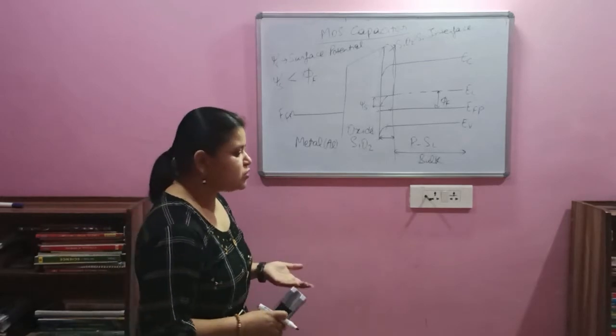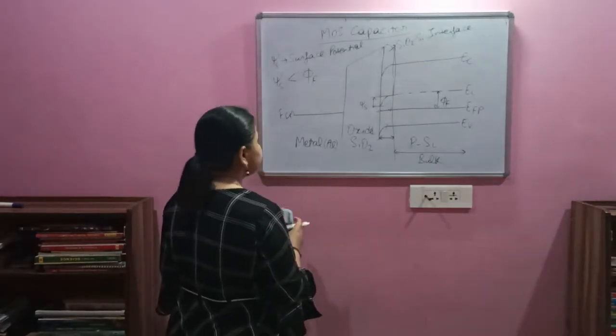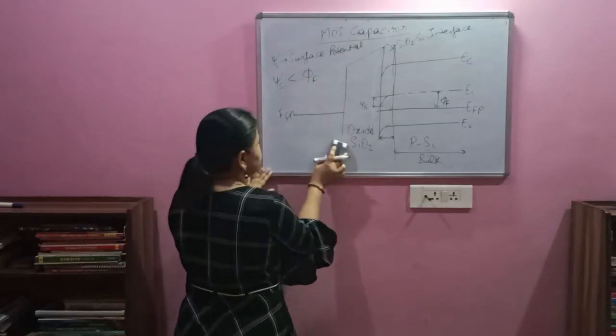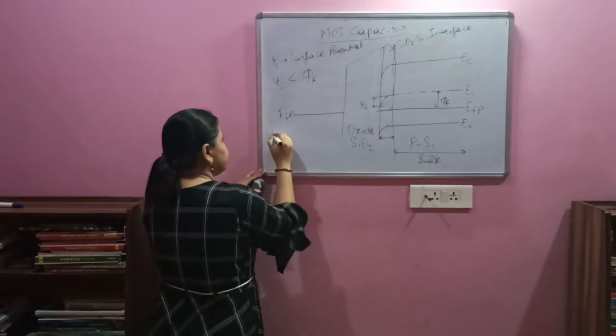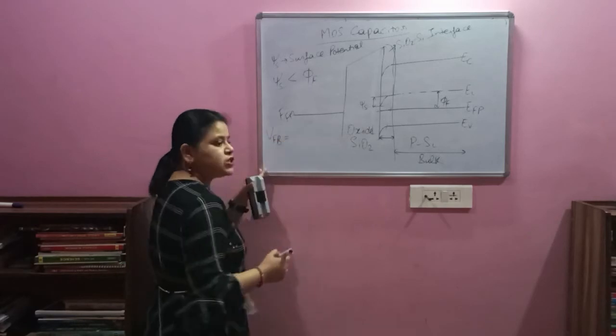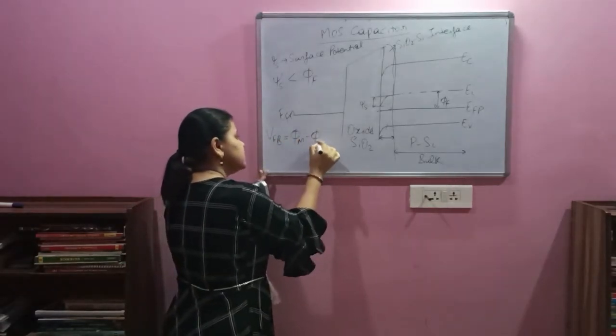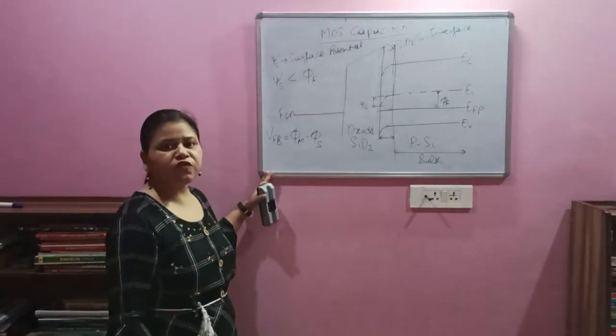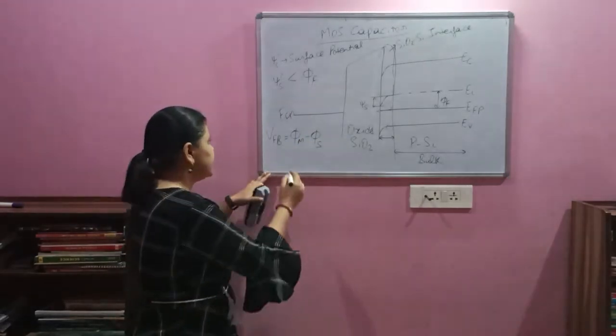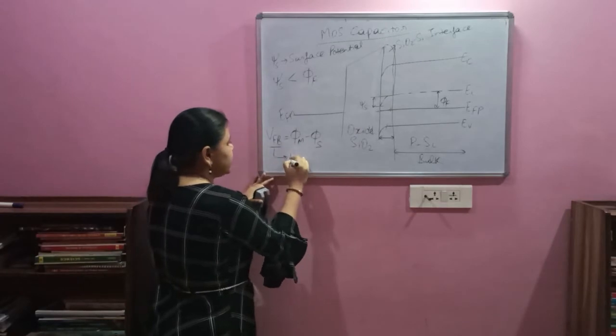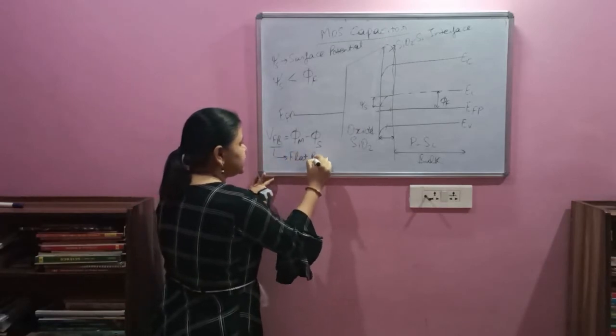For this, what we need to do is apply a potential which is equal to the work function difference of metal and semiconductor, and this potential is known as the flat band voltage.